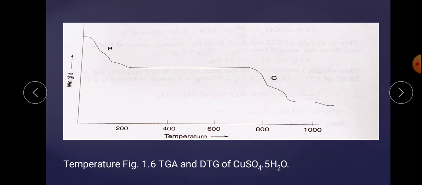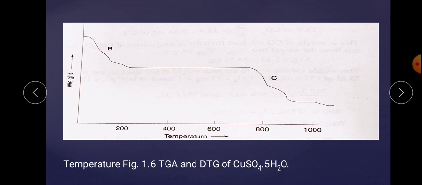What does this TG curve indicate? The TG curve in this case does not reveal all these changes clearly. For example, the TG curve gives an impression that CuSO4·5H2O gives rise to CuSO4 and 3H2O in a single step.